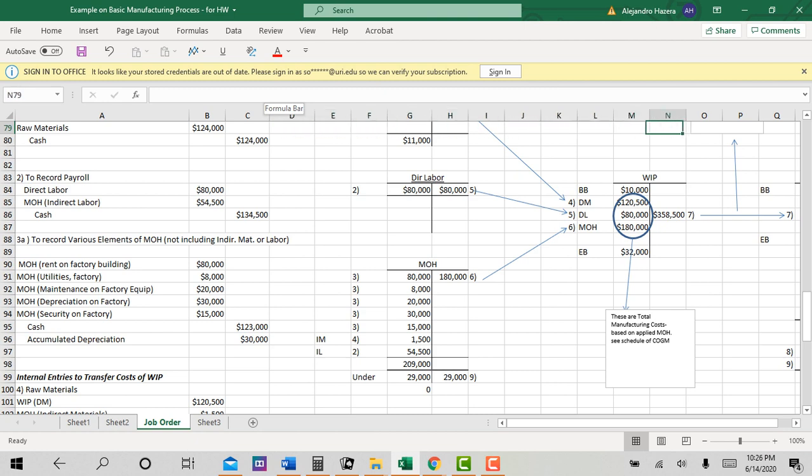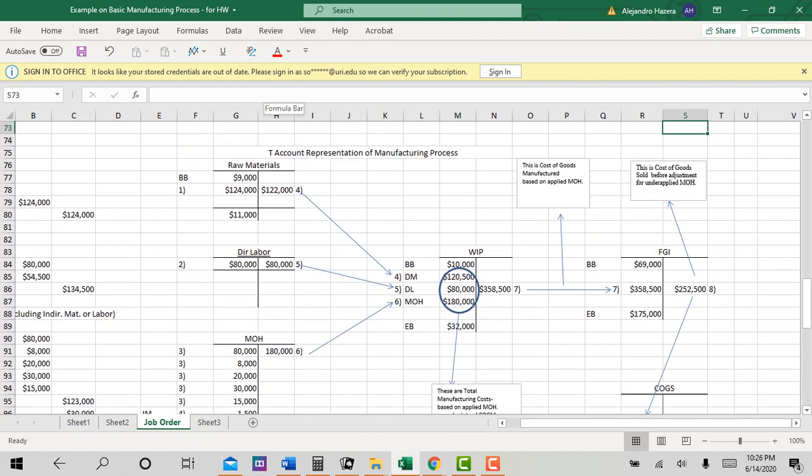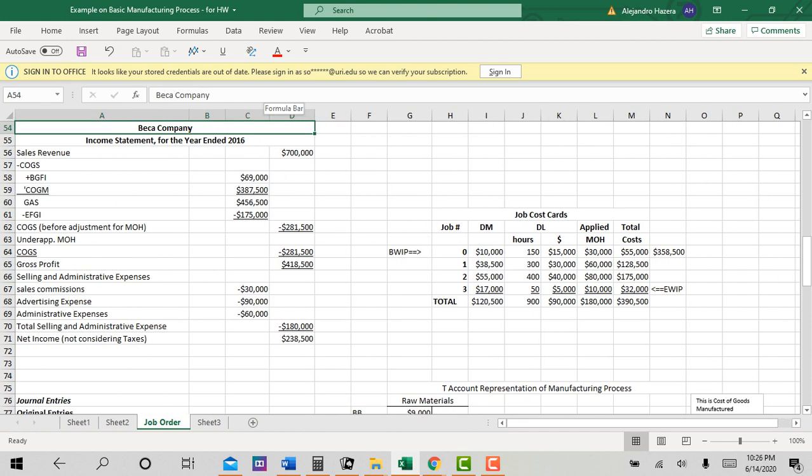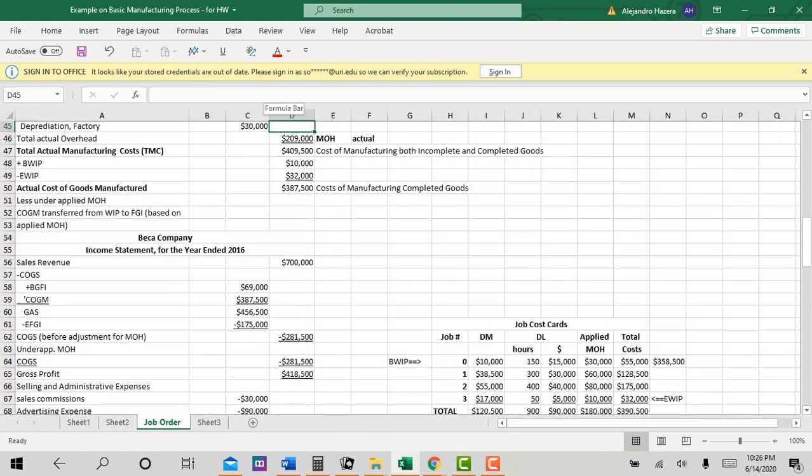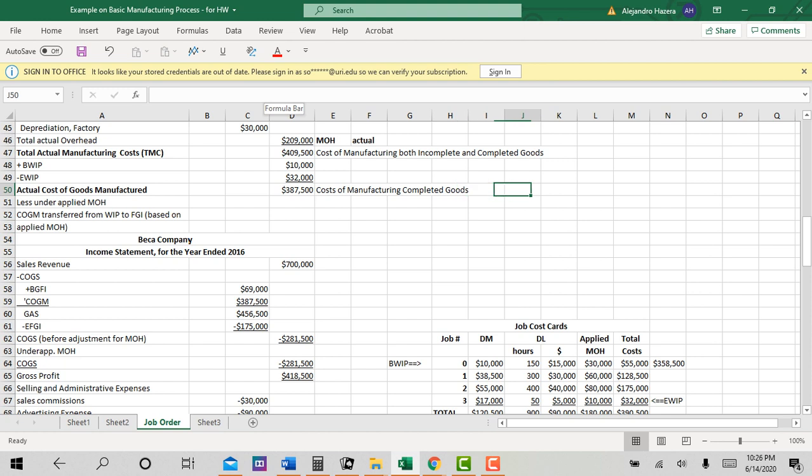Okay, just a couple things to point out. This $358,500 transfer is the cost of goods manufactured based on applied overhead. If you look at that 358,000 and compare that to the cost of goods manufactured up here, down beneath it was 358,500.